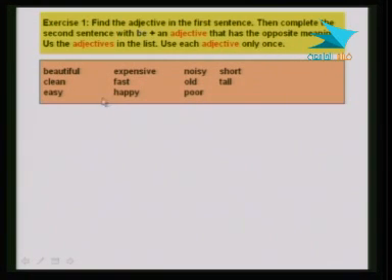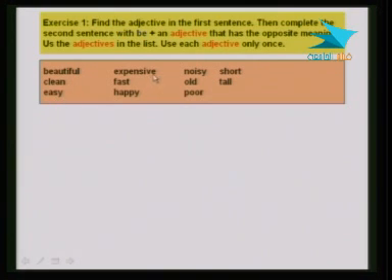I'll read the adjectives and you repeat after me, please. Repeat means أعد أو كرر. So I say them, you say them after me. The first one: beautiful. Clean. Easy.